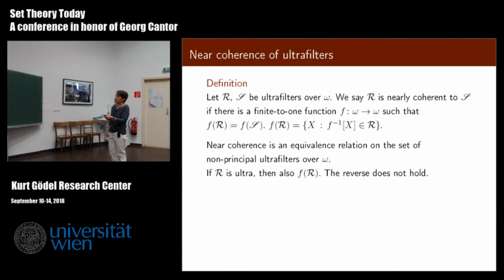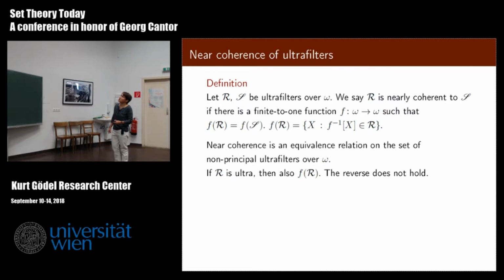So it's like the Rudin-Keisler order, but here I use a finer order, finite-to-one functions. You would get a very good notion for forcing also if you allow any function here. This also gives a connection between ultrafilters.